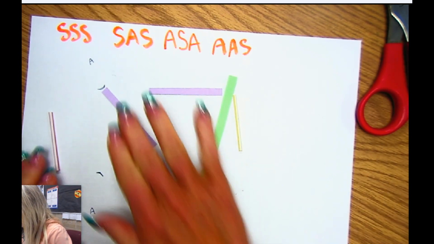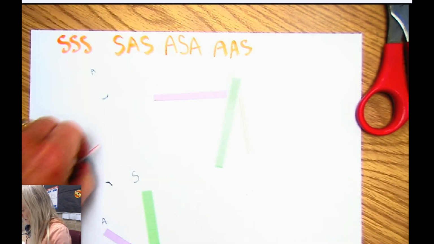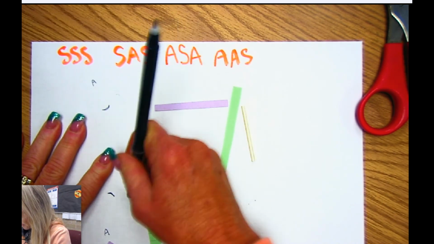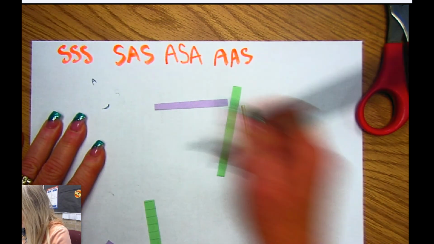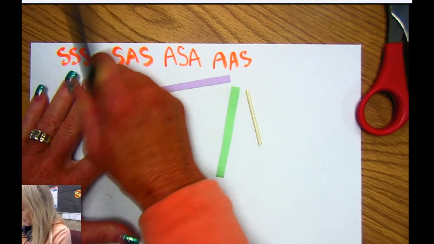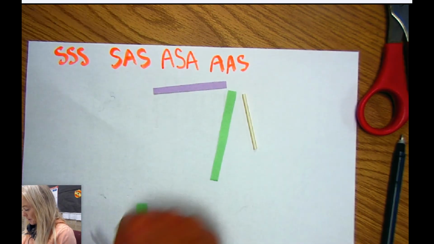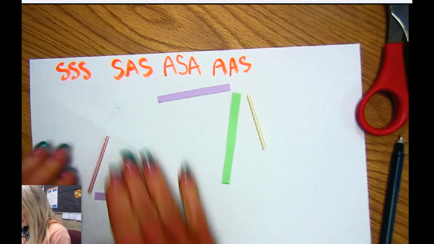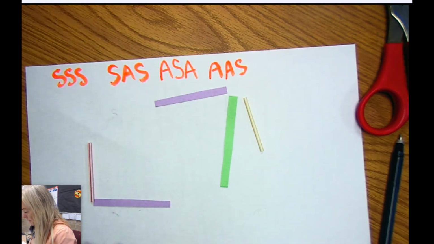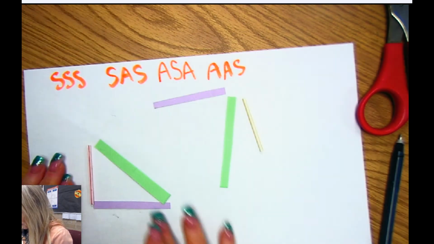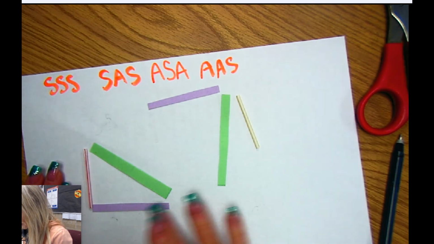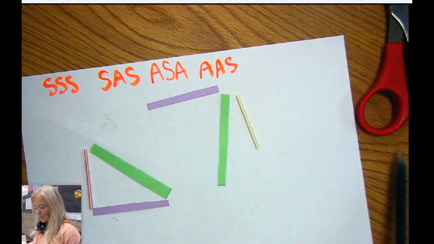Okay, so if I have these three sides that are made specifically to what they are, and then if I take and make a right angle, let me see if I can actually do it with these. I don't know. I have to maybe cut this down a little bit. I guess that works.